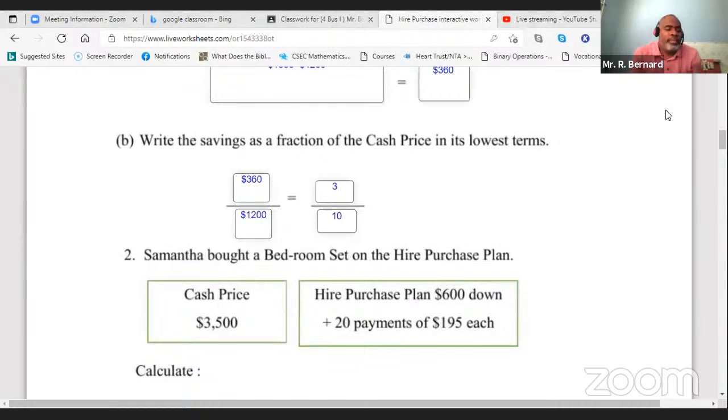All right, Richard says divide. But you have to explain to them, divide what?